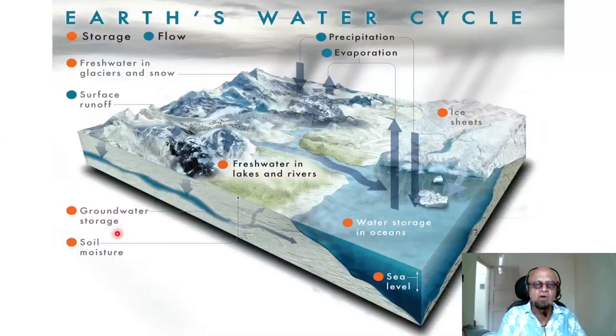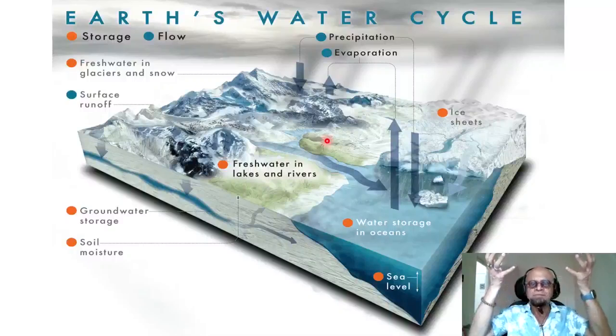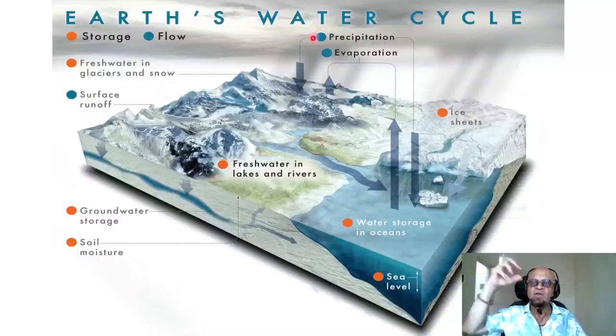Similarly, groundwater and all the storages of water have some amount of water in them, and the flows are the fluxes. So you have things like surface runoff, water flowing on the top, and you have evaporation, which is going from the water in the soil or ocean or lake or river into the atmosphere, and there is precipitation, which is falling back to the earth as rain or snow.